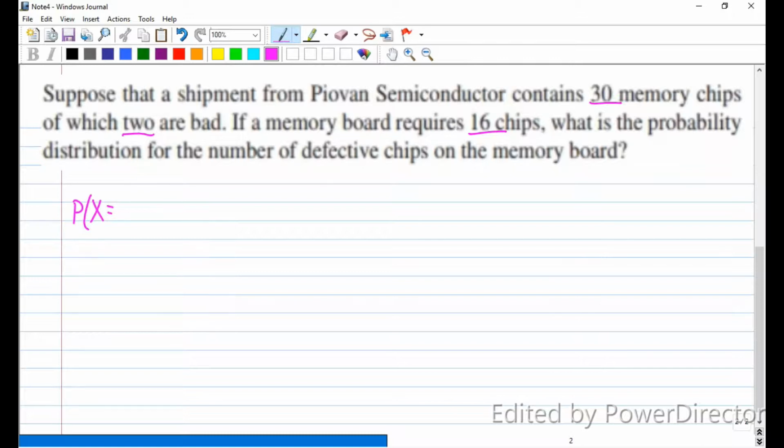We would want no defective chips on a memory board for it to work, right? If you have a piece of electronic equipment that has stuff on it, if one of the little things go wrong, if a capacitor is wrong, if a memory chip goes bad, it's not going to work. So we want to know the probability that X equals 0.